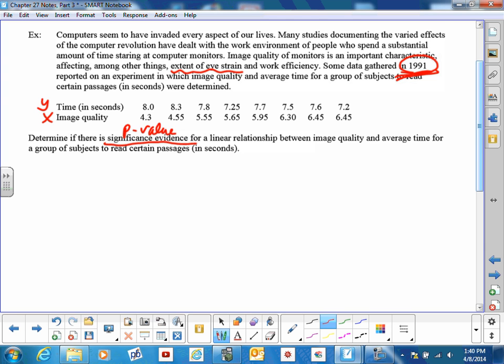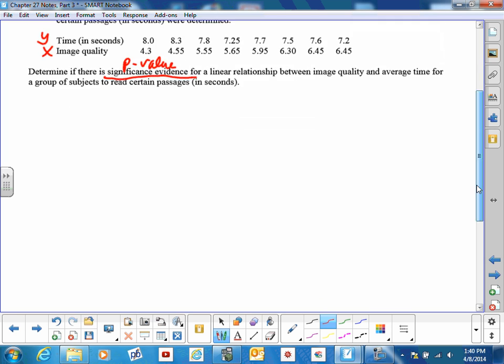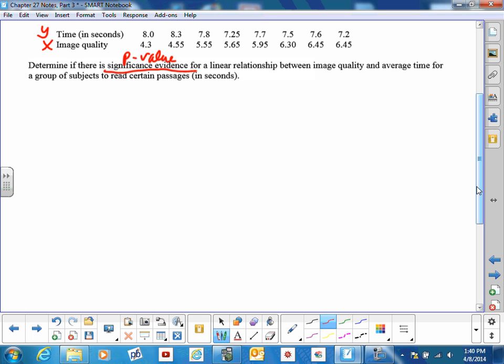All right, so let's start running our test. We're going to do everything except for the assumptions, and we will start with the parameter of interest. What is our parameter of interest? What are we going to finish making an inference about? Yes, about the relationship. But more specifically, our parameter of interest is beta.